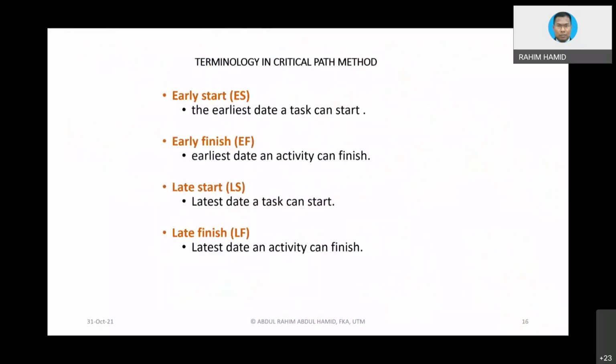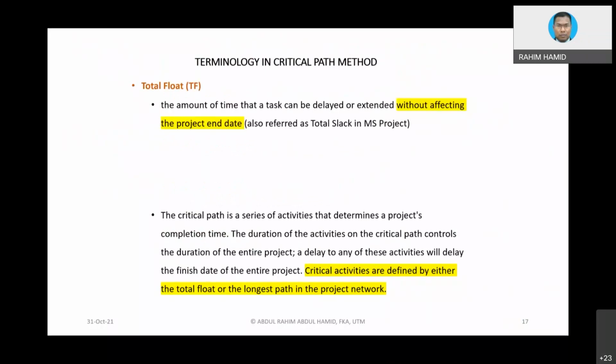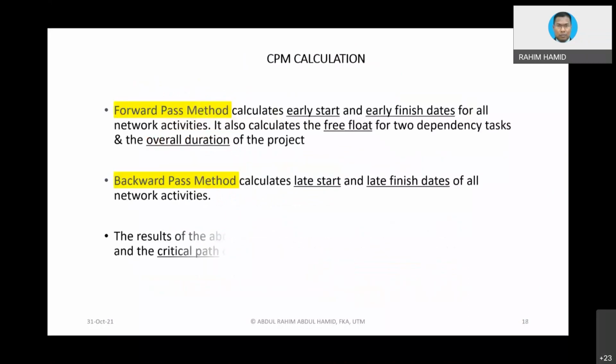So as for the early start, early finish, late start, and late finish, they are all the same for either AOA diagram and even AON diagram and PDM diagram. So I do not want to go into the definition again. Okay, forward pass. Forward pass is the same concept.